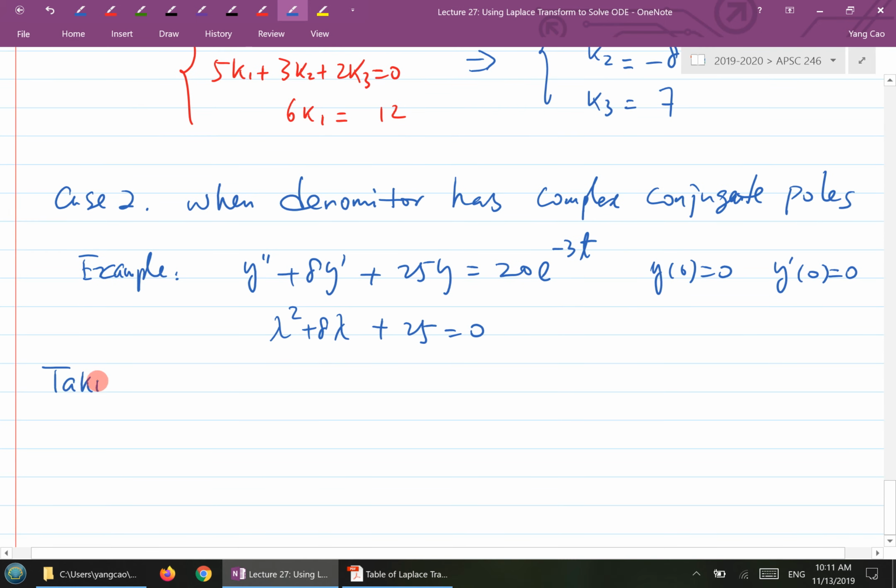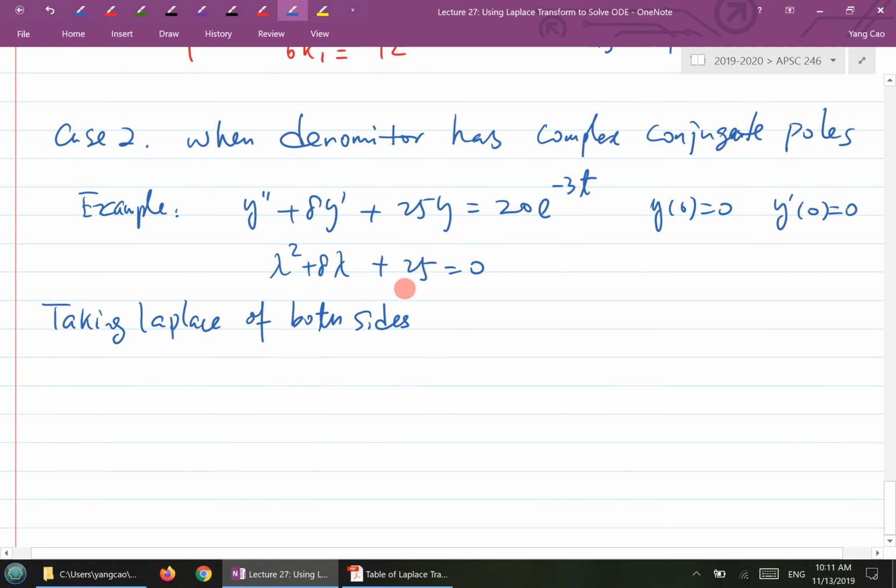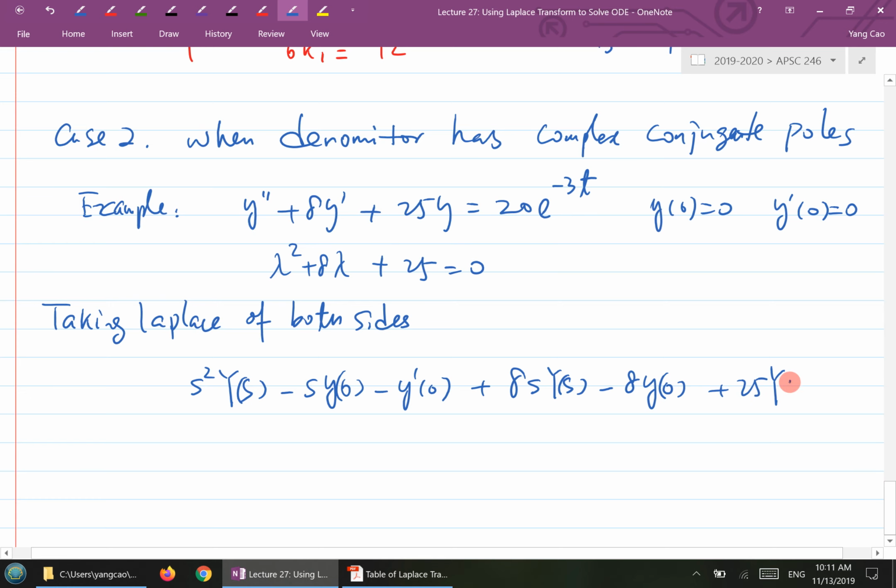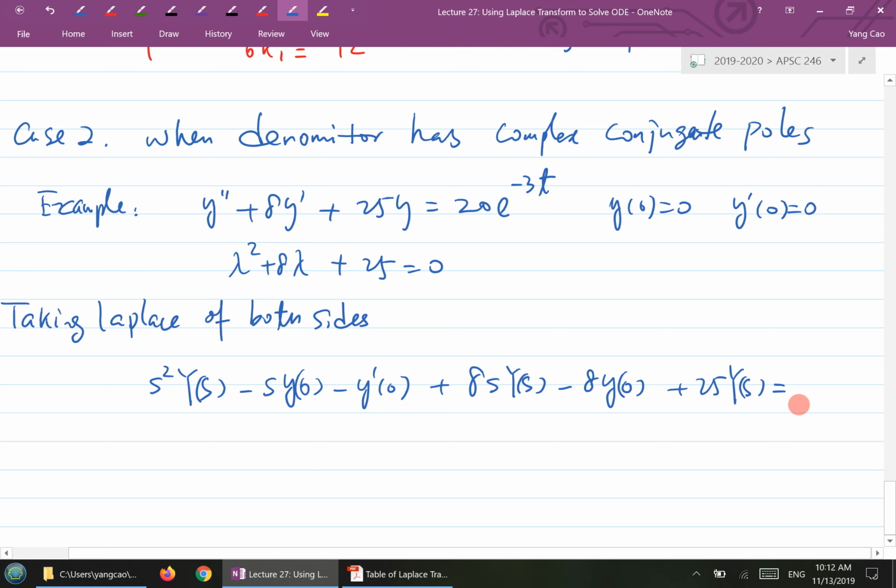So basically we're taking Laplace of both sides. Once you've done the Laplace of both sides, you get s squared Y of s minus s times y of 0 minus y prime of 0, plus 8 times s Y of s minus 8 times y of 0, plus 25 Y of s, and the right side is 1 over s plus 3.